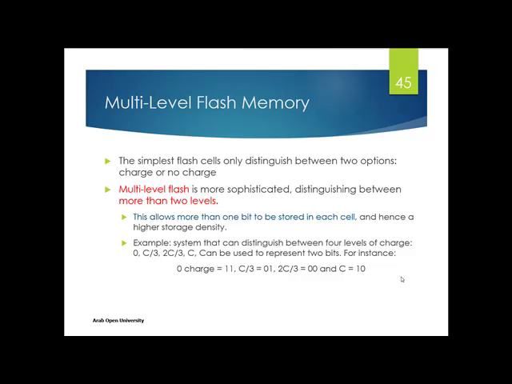We all know that the number of levels is equal to 2 to the power of the number of bits. For instance, if we can distinguish between 4 levels, we can store 2 bits, since 4 equals 2 to the power 2. If we can distinguish between 8 levels, we can store 3 bits in each cell, and increasing the number of bits will multiply the capacity of the memory.